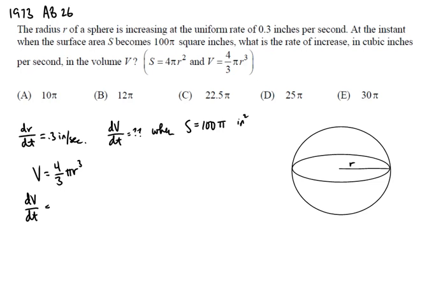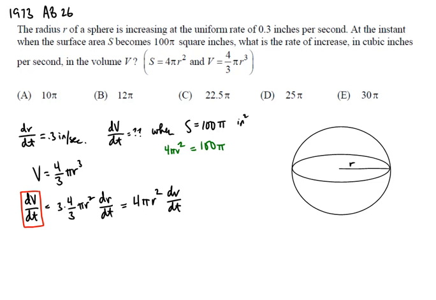dV/dt on the left is equal to 3 times 4/3 times pi r squared. Don't forget the dr/dt. And that leaves us with 4 pi r squared dr/dt. Now dV/dt is what we're trying to solve for here at the instant when the surface area is 100 pi square inches. There's a couple of ways we can go about this.